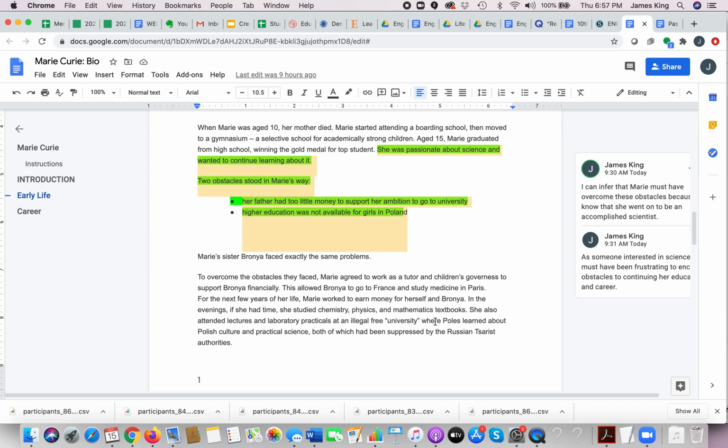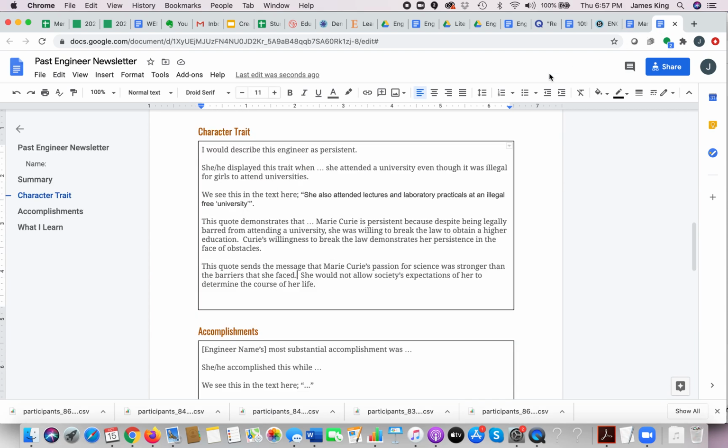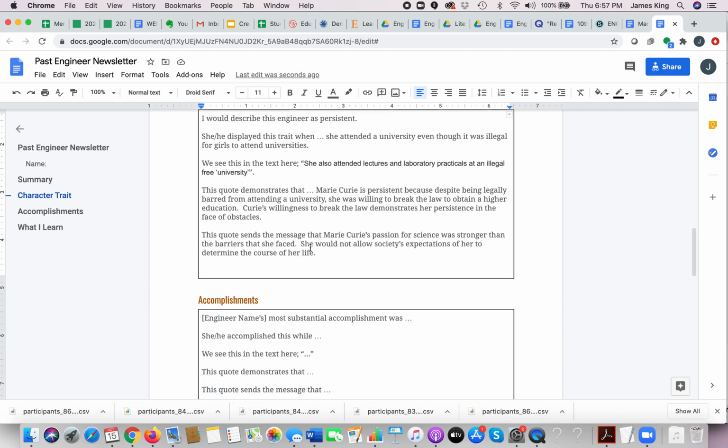And because she ended up going to a university, I can infer that her passion for science must have been stronger than the obstacles she faced. She, Marie Curie, would not allow society's expectations of her to determine the course of her life.